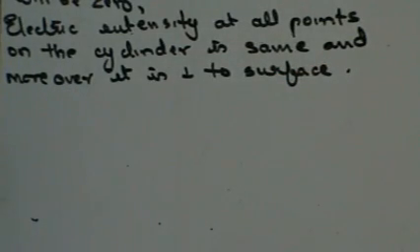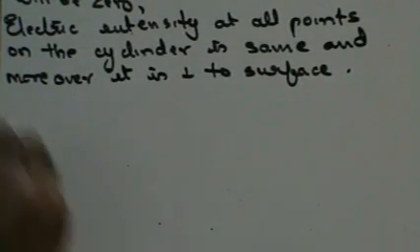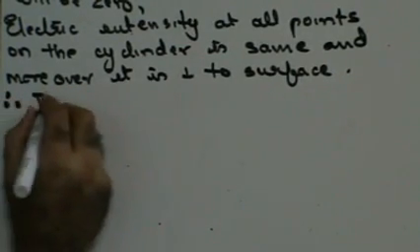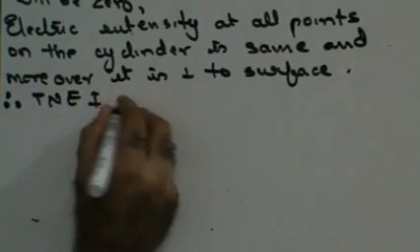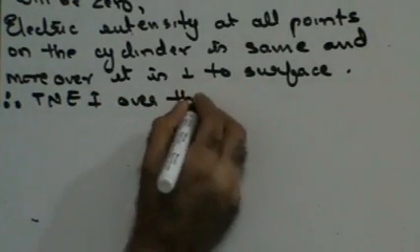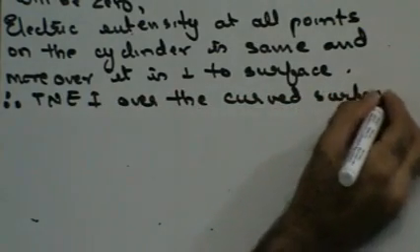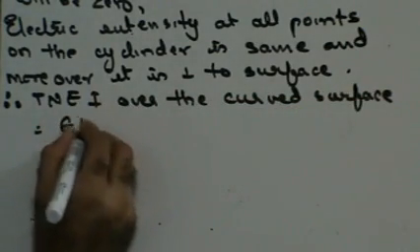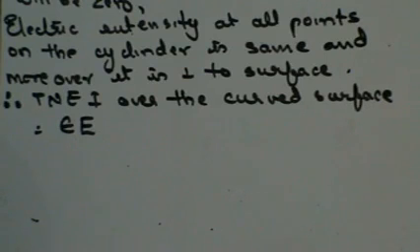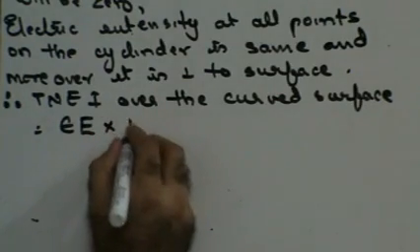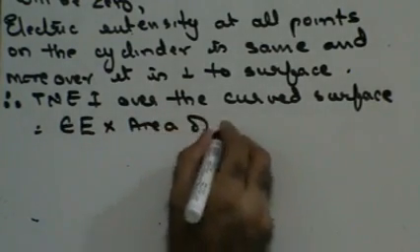Therefore, the total normal electric induction over the curved surface is given by epsilon E into the area of the curved surface.